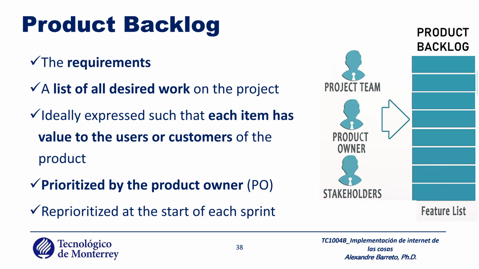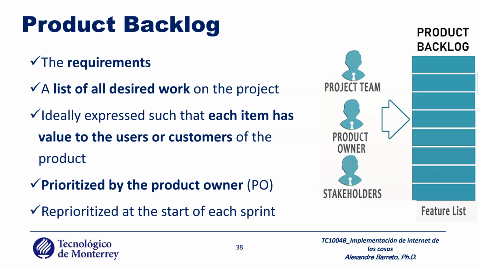Ideally it is expressed such that each item has value to the users or customers. In our case, the product backlog is a list of user stories. The user story is important, and needs to be valued by the user. Our focus is the user. After you finalize the product backlog, the PO will prioritize it, for example, the most important, not so important, and so on.